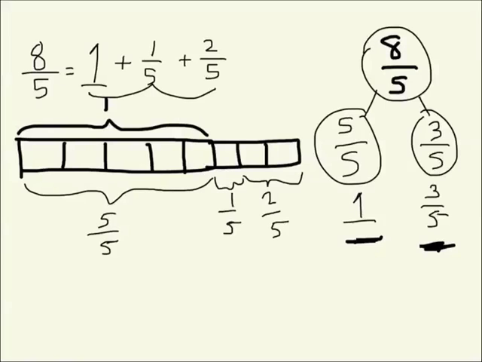And then I will shade in my 1 whole, plus 1/5 more, plus 2/5 more. And now if I count up all of my unit fractions here, 1/5, 2/5, 3/5, 4/5, 5/5, 6/5, 7/5, 8/5. And that is my total with my tape diagram and my labeling.